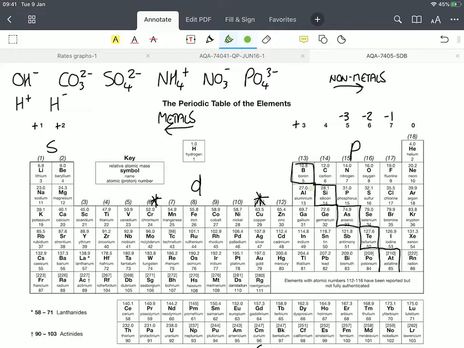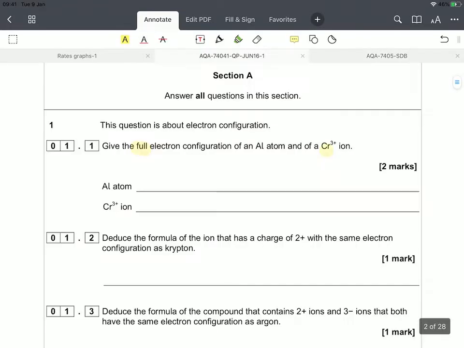It's in the P block, it's in group 3 like we just said. The fact that it is 3 elements along in period 3 means it must have 3 electrons. 2 of them are in the S sublevel, 1 of them's in the P sublevel. So what I'm trying to say is there's a lot of ways you can check very easily how the electron configuration should be built up.